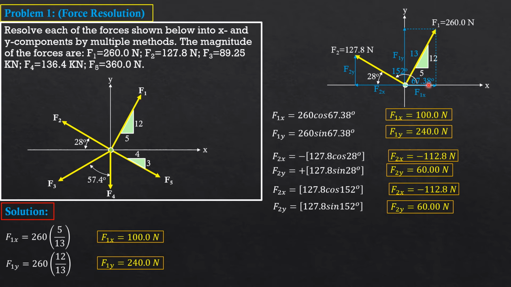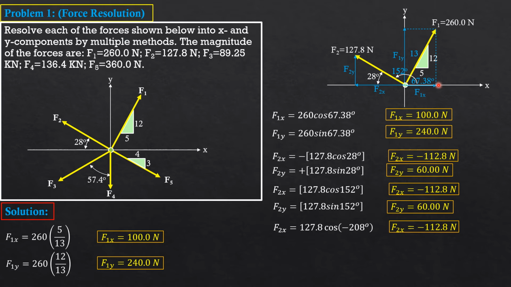Then if you express it in terms of a negative angle in clockwise direction, it is from the positive x-axis clockwise, that's negative 180, then negative 28, negative 208 degrees. So F2x is 127.8 cosine of negative 208 degrees. So it will give us the same result of negative 112.8 newtons.